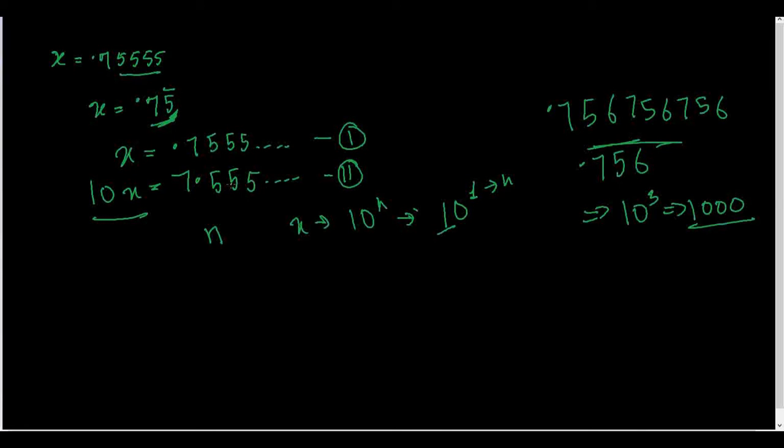Now that we have two equations, we are going to subtract the lesser from the greater to find the value of x. So let's go ahead and do equation 2 minus equation 1.